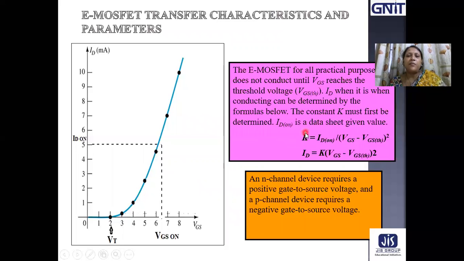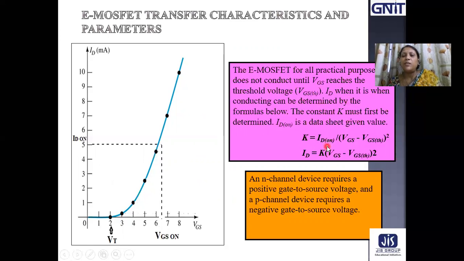MOSFET transfer characteristics. The MOSFET for all practical purposes does not conduct until VGS reaches the threshold voltage VGS-TH. ID when conducting can be determined by the formulas below.